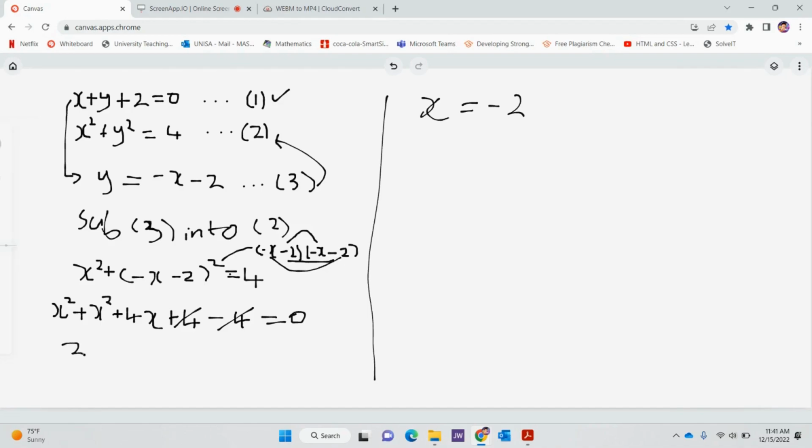So we had 2x squared plus 4x equals to 0. All right. So we see that we have a common factor, which is 2x.